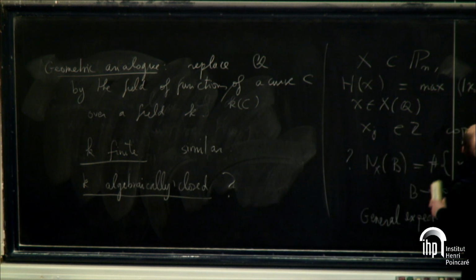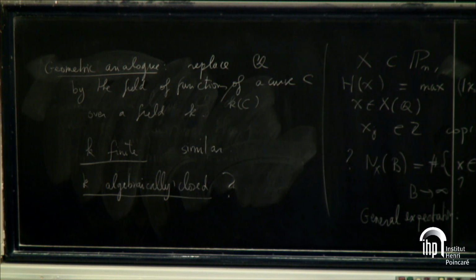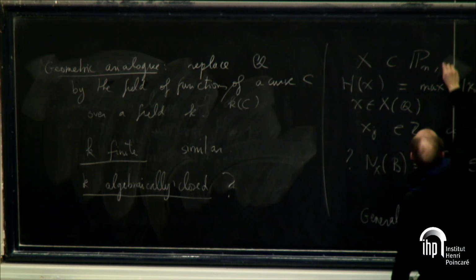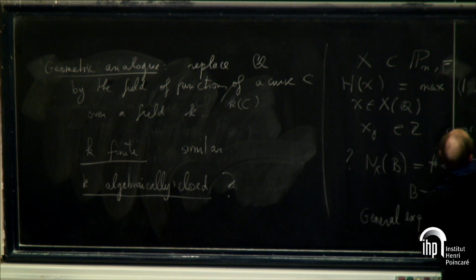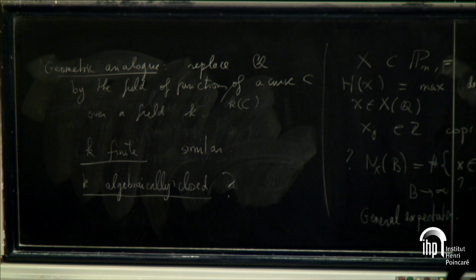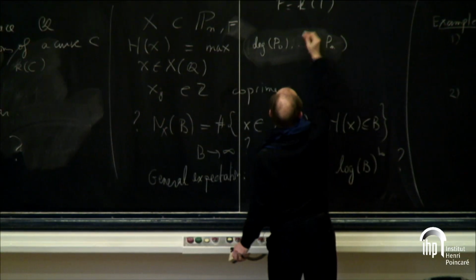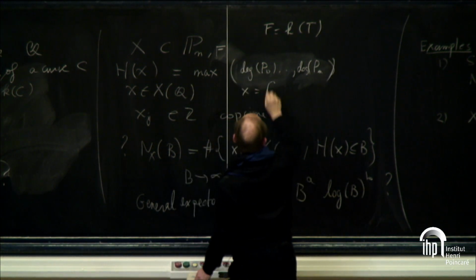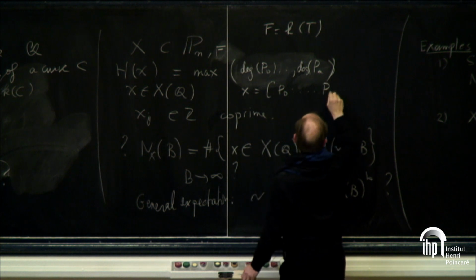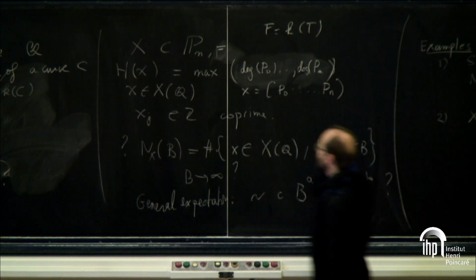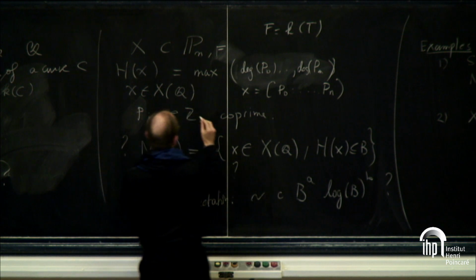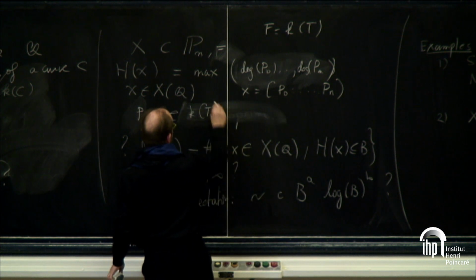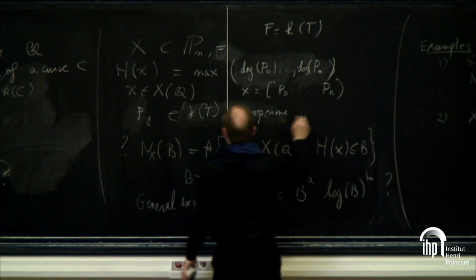So let's take for the field the rational functions in one indeterminate, F. Then the height of a point will just be the maximum of the degrees of the polynomials P0, ..., Pn, where X is the point with homogeneous coordinates, the Pj are polynomials, and coprime.